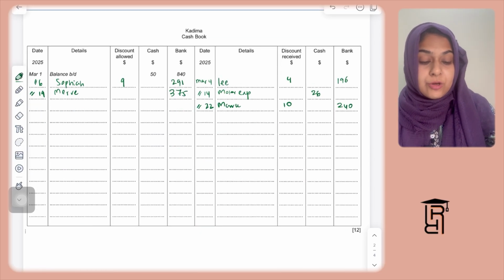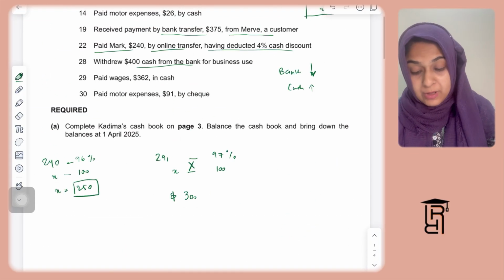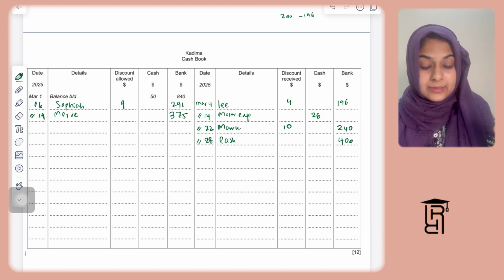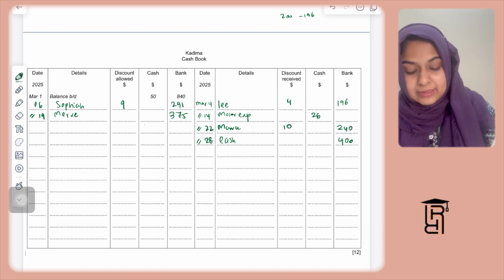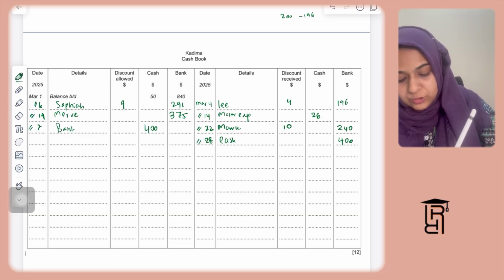So I'm going to credit the bank $400, and I'm going to write cash in the details, and this is going to be March 28. And cash is being received, so I'm going to debit the cash column, and I'm going to write here bank in the details, and March 28.